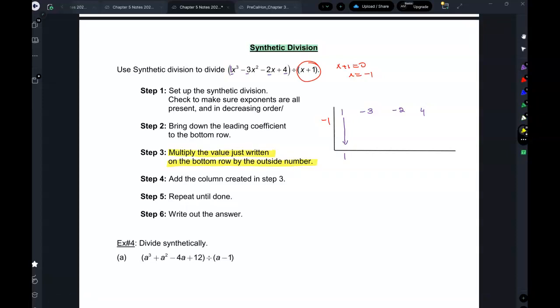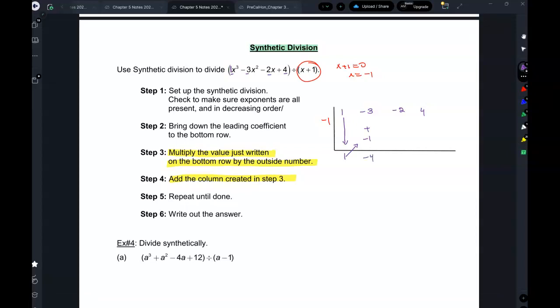In other words, whatever makes it down below gets multiplied by that red number on the left. So 1 times -1 is what? -1. Next, add the column created in step 3.